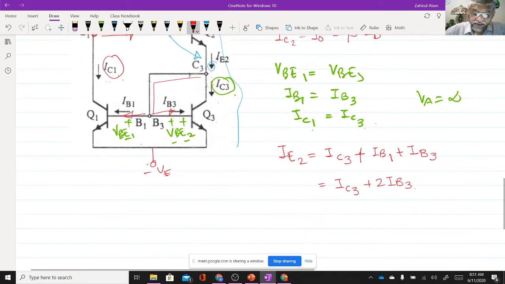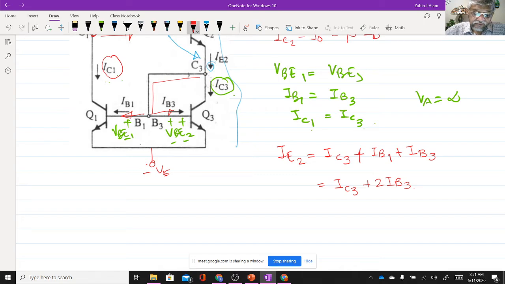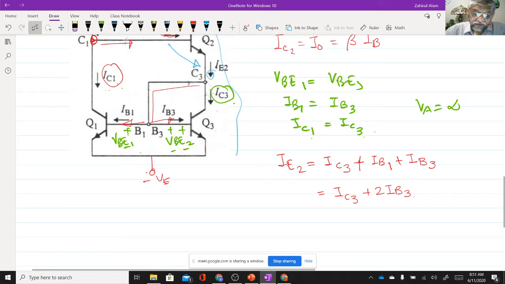So now we have found this relationship. Now we can write IC3 plus 2 IC3 divided by beta.